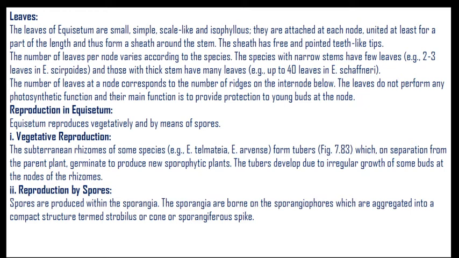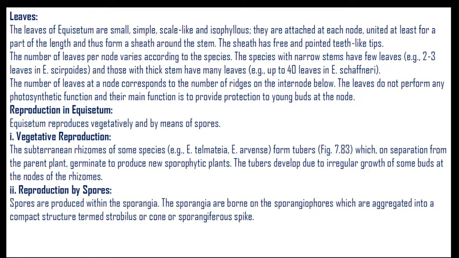Then equisetum can be reproduced vegetatively and by means of spores. In case of vegetative reproduction, the equisetum shows subterranean rhizomes, and in some species, that is Equisetum telmateia and Equisetum arvense, some can develop tubers.